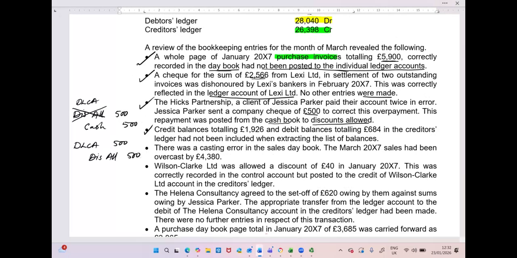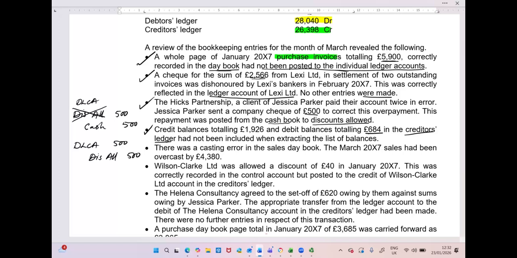Next transaction is a credit balance totaling 1926, and a debit balance of 684 in the creditor ledger. So think carefully.